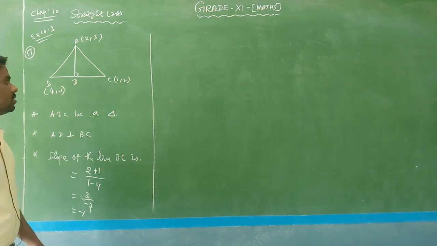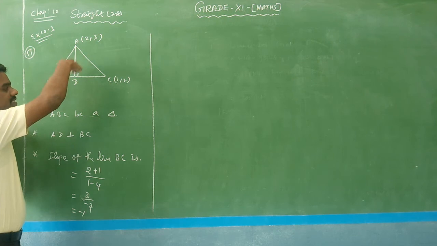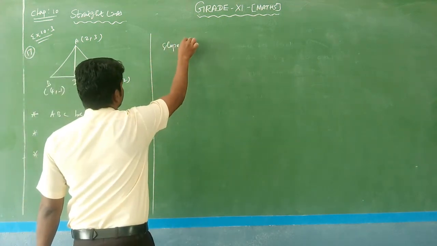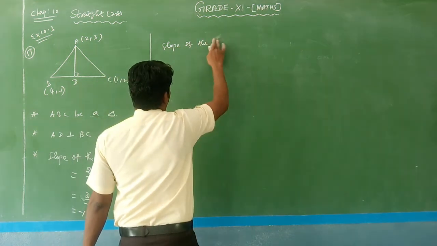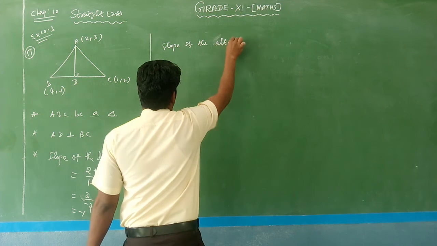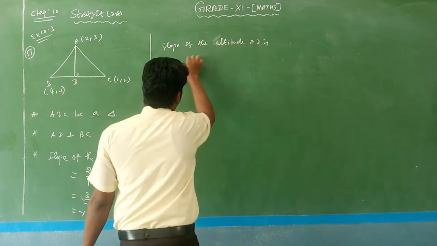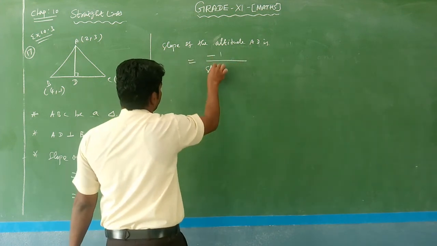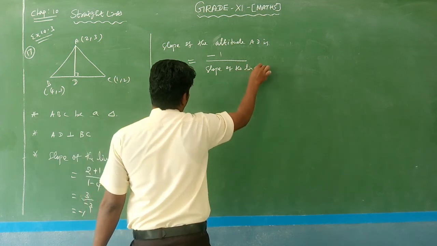Okay. So the required answer is the equation of this line. First, the slope of this line AD. The slope of the altitude AD is equal to minus 1 divided by the slope of the line BC.